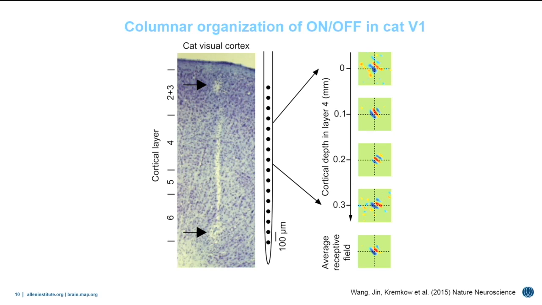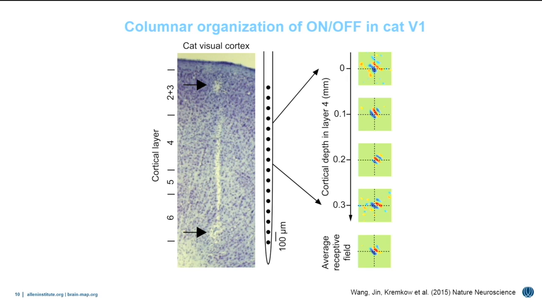Because when we looked at the receptive fields, they were mapped with white noise, and these are 4 receptive fields measured within the middle layers of cat V1. This is retinotopic visual space, and the blue subfields are the off subfields, and the red subfields are the on subfields. And these are simultaneously recorded from 4 electrodes.